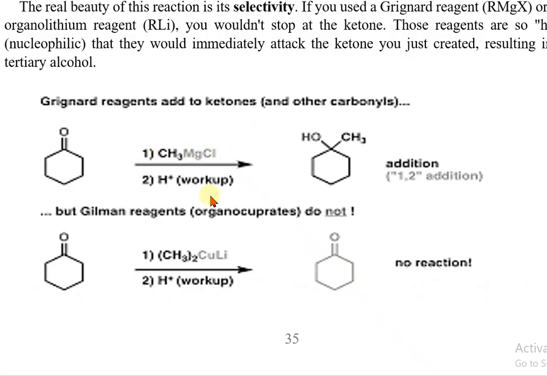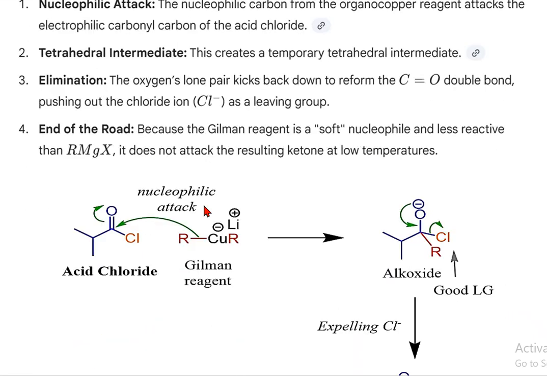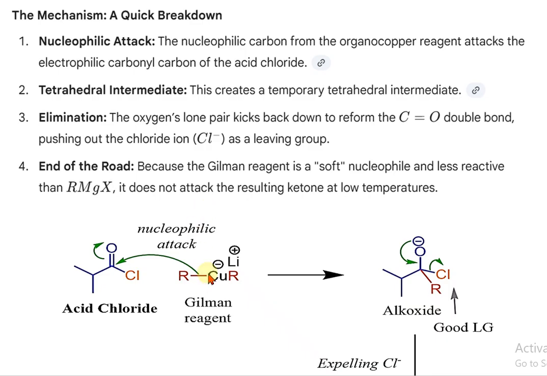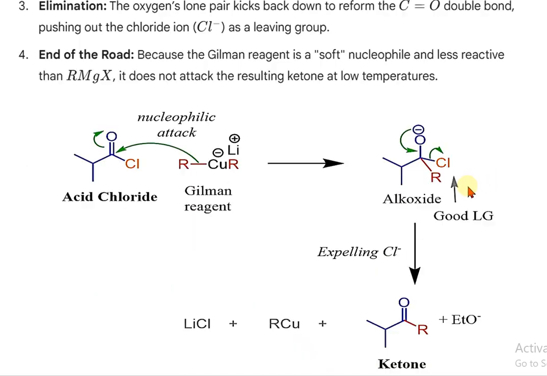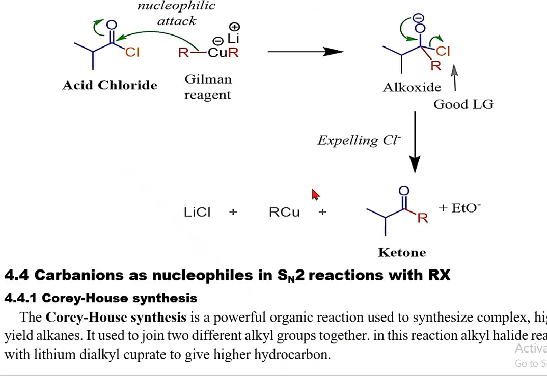Grignard is strong, so strong. So the mechanism here is nucleophilic attack, and this opens, minus on the oxygen, makes double bond, pi bond, and the chlorine leaves the structure to give you the product. Easy mechanism, two steps, nothing else.